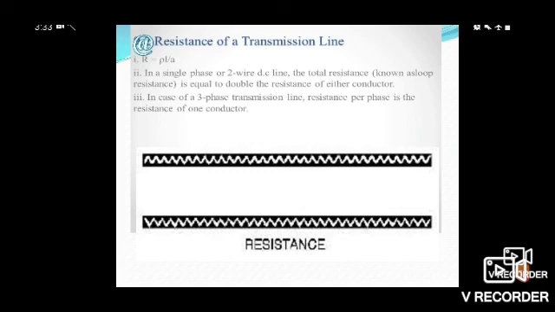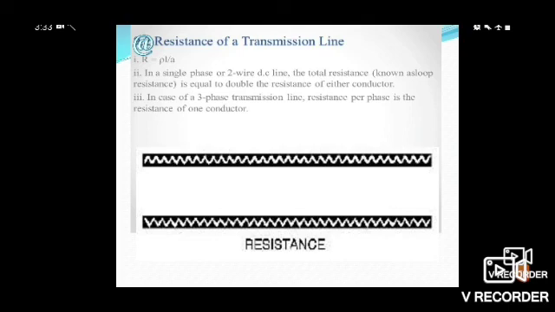In a single phase or two wire DC line, the total resistance, called the loop resistance, is equal to double the resistance of either conductor. In the case of a three phase transmission line, the resistance per phase is the resistance of one conductor.